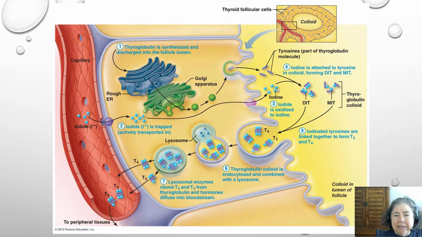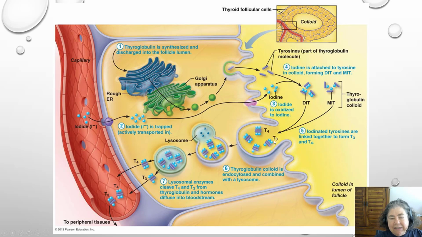The iodine is then moved into the colloid, and in the colloid it's oxidized to iodine and combines with tyrosines to form diiodotyrosine and monoiodotyrosine. So these are iodinated tyrosines. And the iodinated tyrosines get linked together to make T3 and T4.